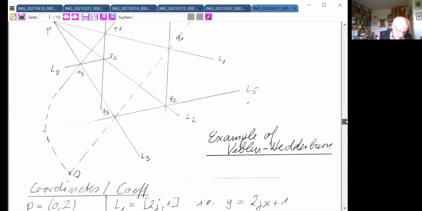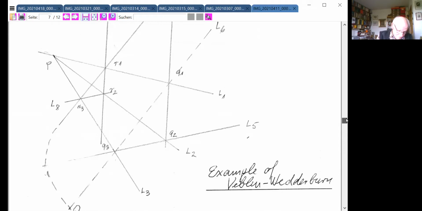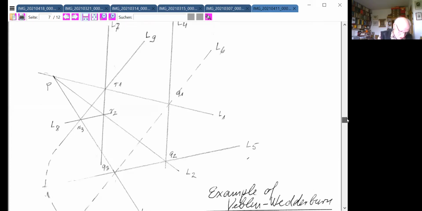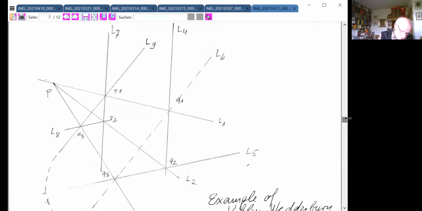And the line combining Q1 and Q2 is called L4. Q2 and Q3 is L5, and Q1, Q3 is called L6.